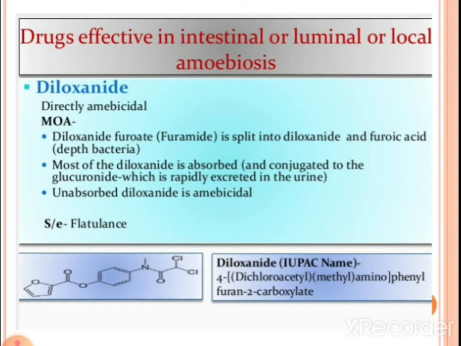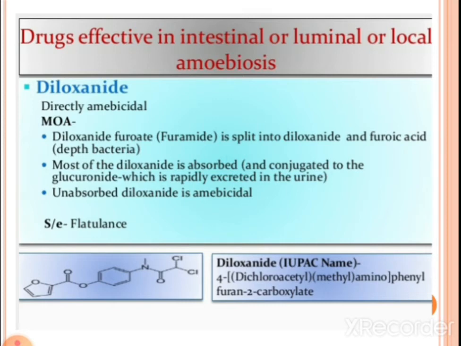So this is the directly acting amoebicidal drug. In the mode of action, diloxanide furoate is an ester, which splits into diloxanide and furoic acid. This chemical structure is given over here.